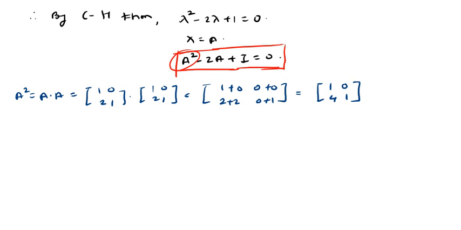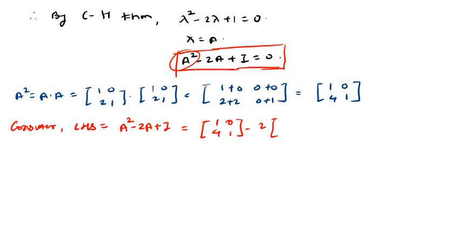So consider LHS. What is LHS? A square minus twice A plus I. Okay, so put A square, which is [1 0; 4 1], minus 2 into A, that is [1 0; 2 1], plus I is the identity matrix of order 2, [1 0; 0 1].